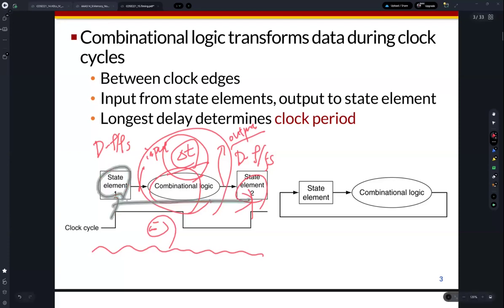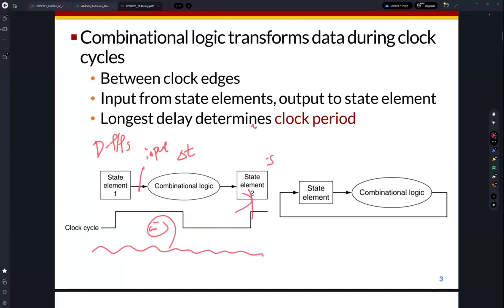If you see this figure, you can find that the input signals of combinational logic are the outputs of D flip-flops, right? When the output of a D flip-flop is updated on the rising edge of clock, the input signals of this combinational logic are updated on the rising edge of clock.